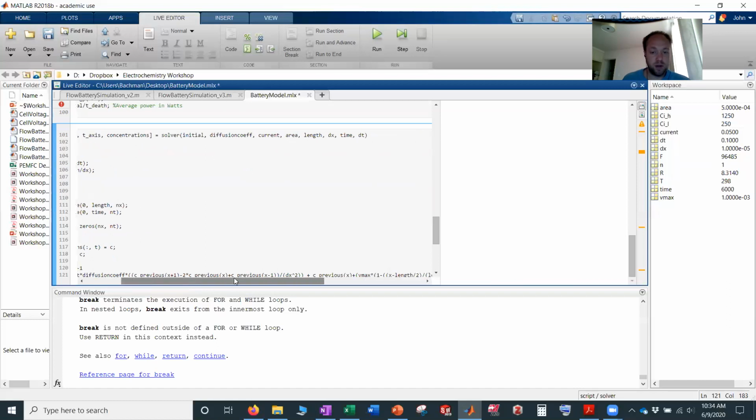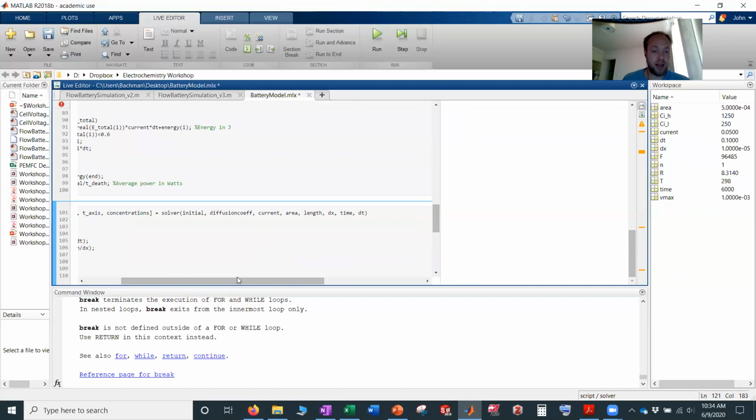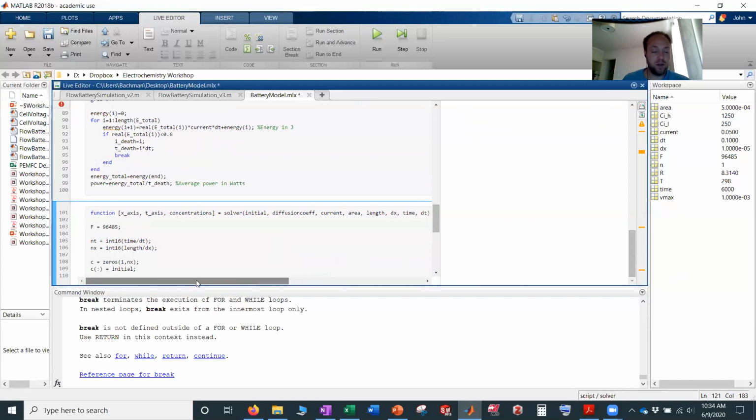So we're going to need to pass it Vmax. So I'm just going to put Vmax in here. Keep in mind, when you have these functions, if you don't pass the variable to them, it won't have any of the variables from the global area over here.